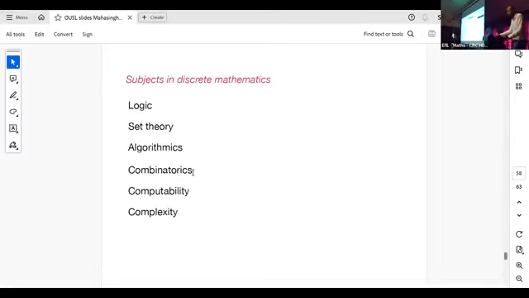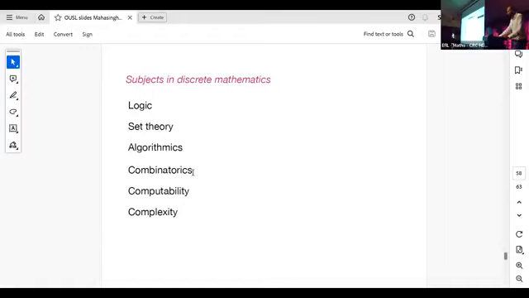Some subjects in discrete mathematics: logic, that's where the rules of mathematics are set. You have to be experts on those rules. And set theory, Venn diagrams, those things, right? Then algorithmics. Now there are algorithms, sets of instructions to do certain tasks, and analysis of the algorithms is called algorithmics. So the study of algorithms belongs to discrete mathematics.